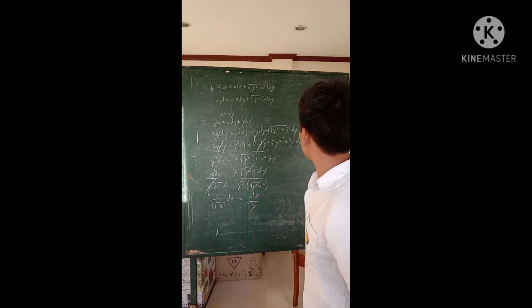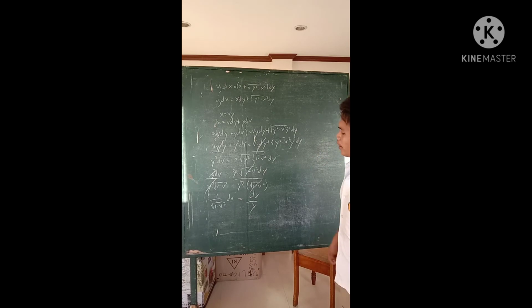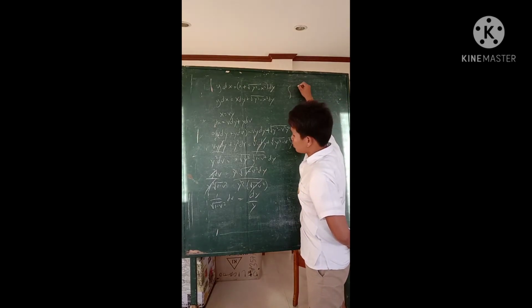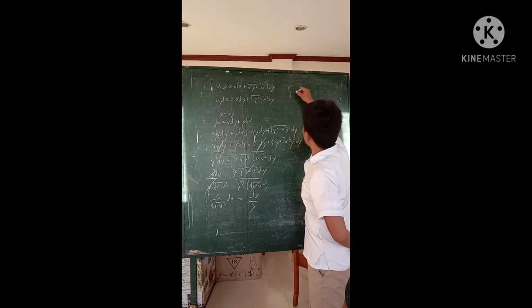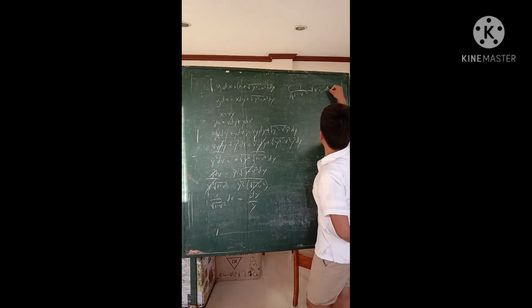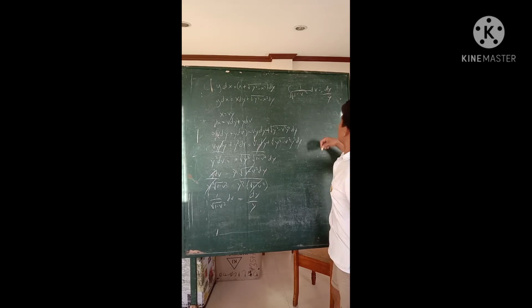So proceed to integration. The integral of 1 over the square root of 1 minus v squared dv equals the integral of dy over y.